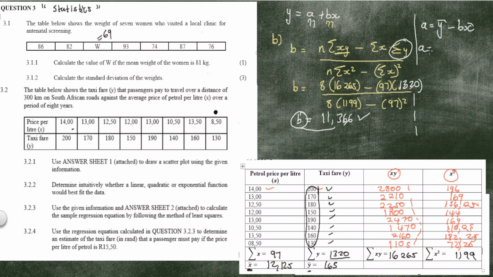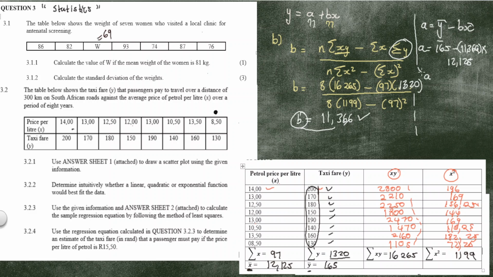So a is equal to, what is y bar? y bar I calculated to be 165, minus b, 11.366, multiplied by x bar. x bar is 12.125.